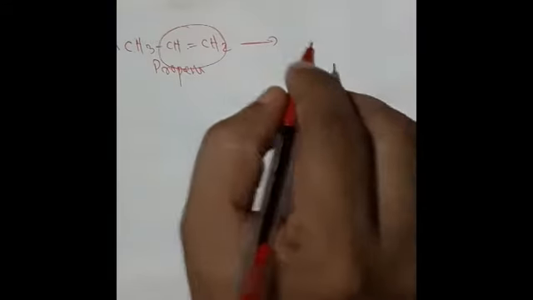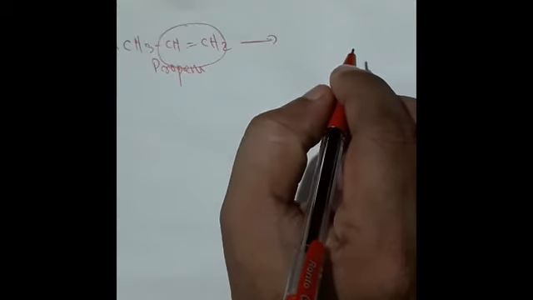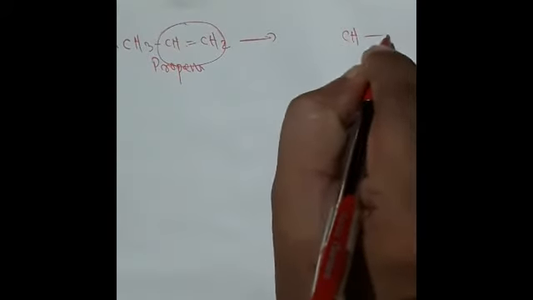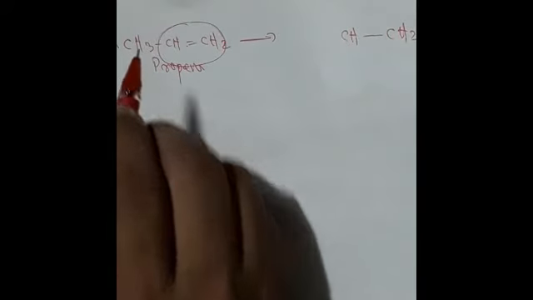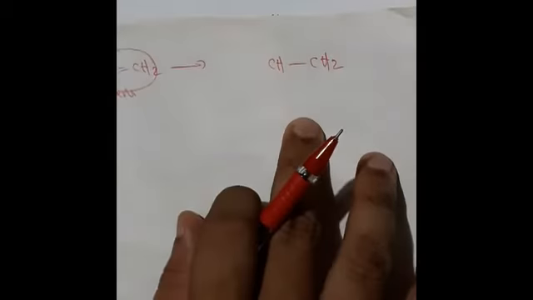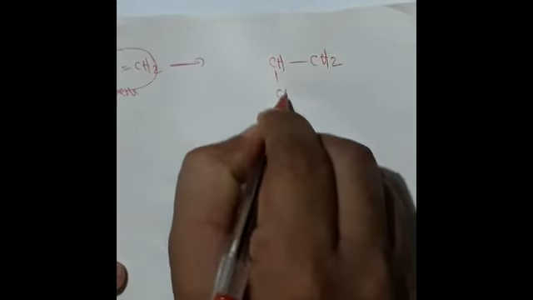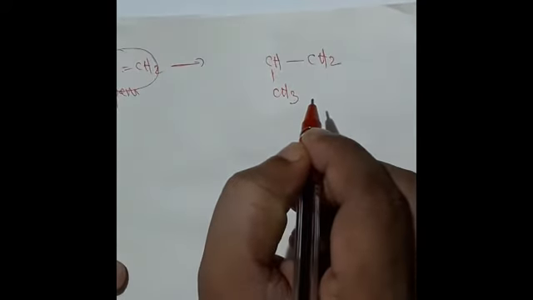Okay, so we can draw the structure of the polymer like this. Take this part: the CH double bond changes to single bond, CH2, and there is one CH3. CH single bond CH2. Look here, there is CH3. This CH3 we will draw over here.